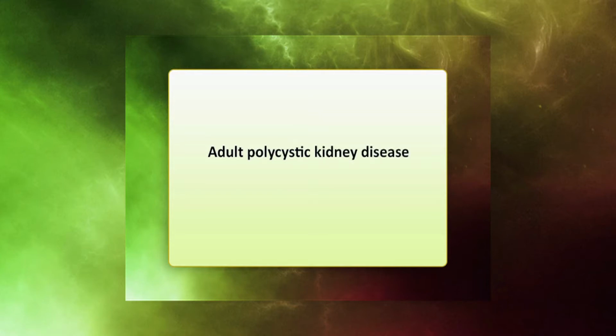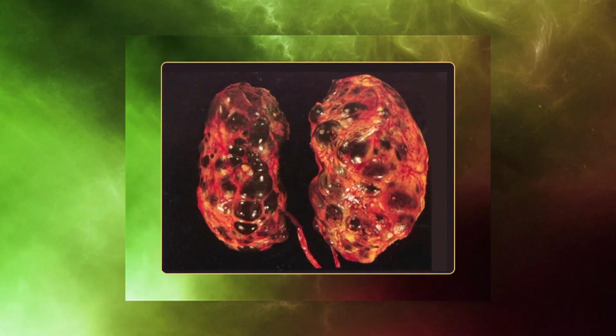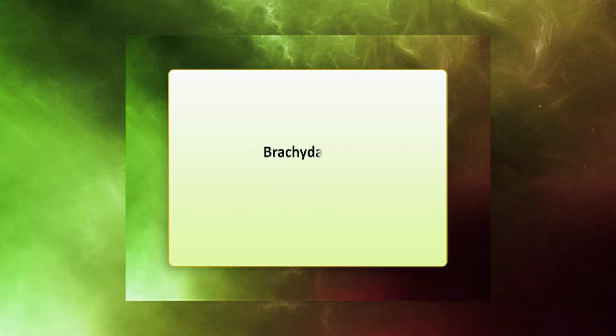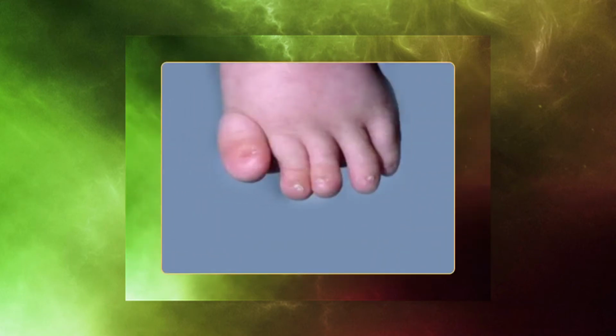Second, adult polycystic kidney disease. Multiple cysts in the kidneys and liver causing symptoms and complications in adult life and leading to progressive renal failure. Third one, brachydactyly, meaning short fingers or toes, usually the middle phalanx is short.